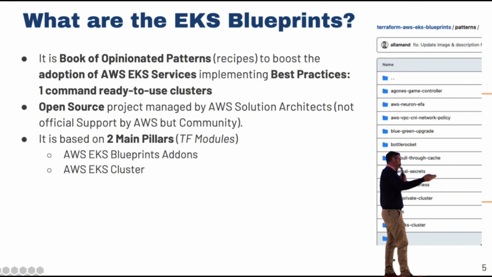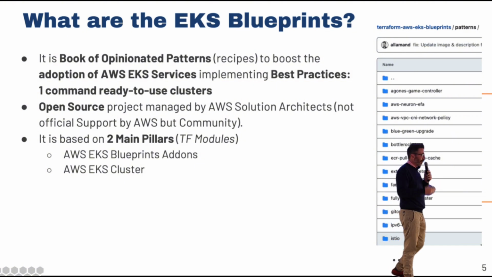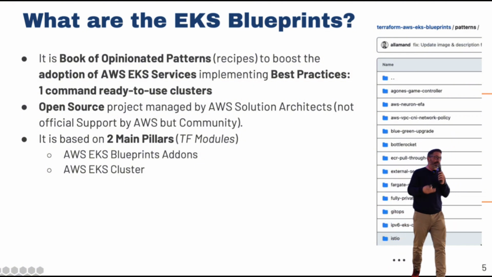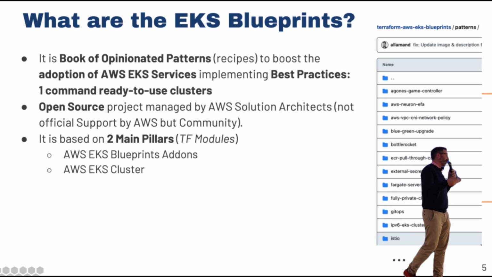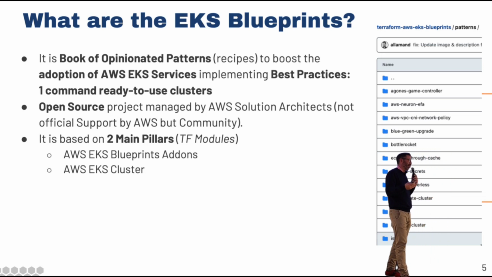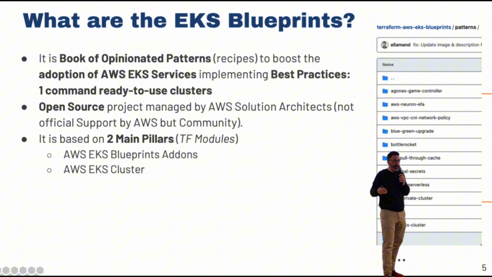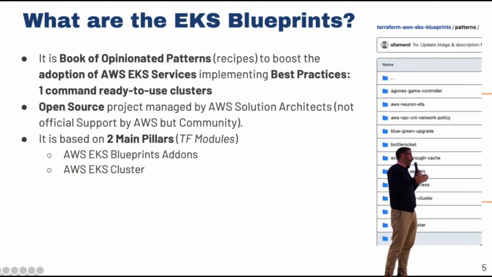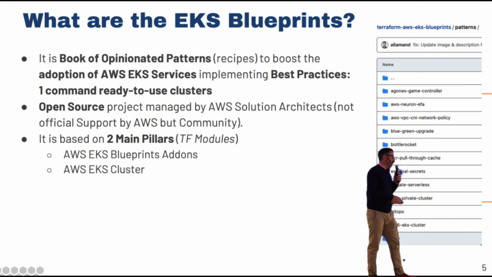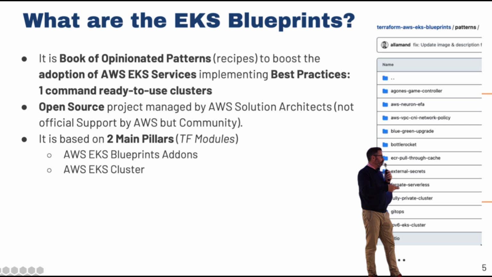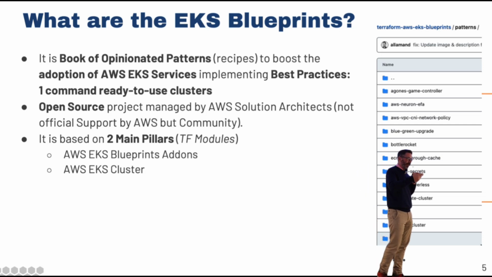These are opinionated patterns maintained by AWS solution architects. It's a community effort and it's not officially supported by AWS. The main pillars are 2. One is the AWS EKS blueprint add-on, and then the AWS EKS cluster. Both of them are Terraform modules.